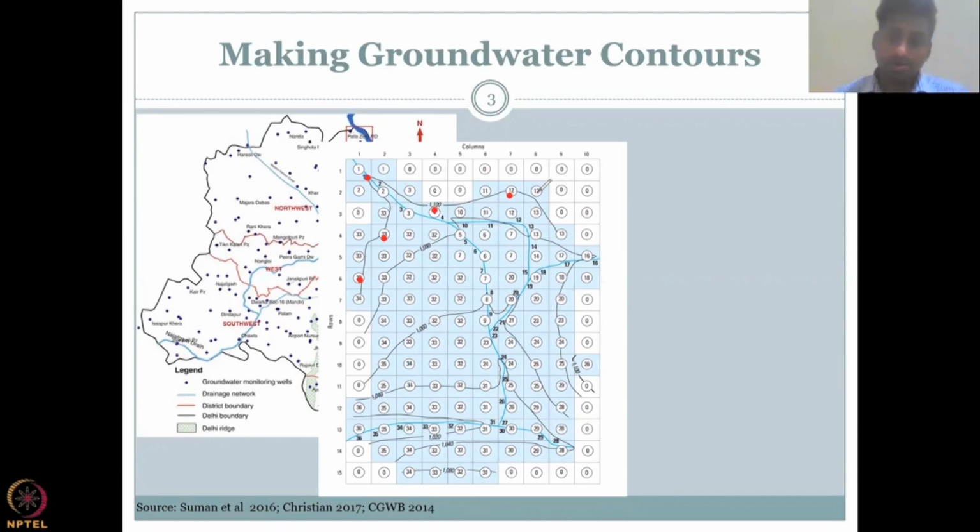So I mark 1100 as a line and draw it across connecting these dots. Okay. So that is one contour line at an elevation of 1100.